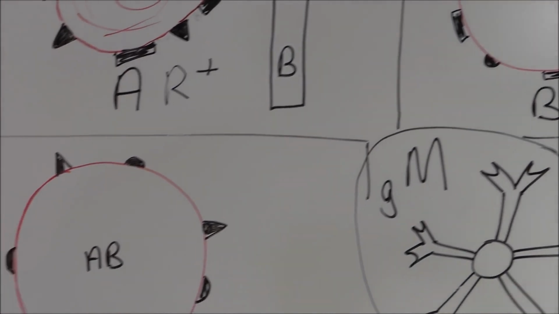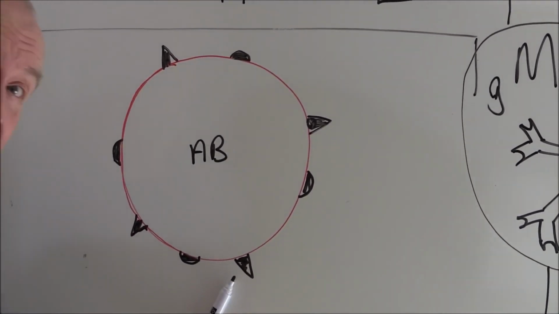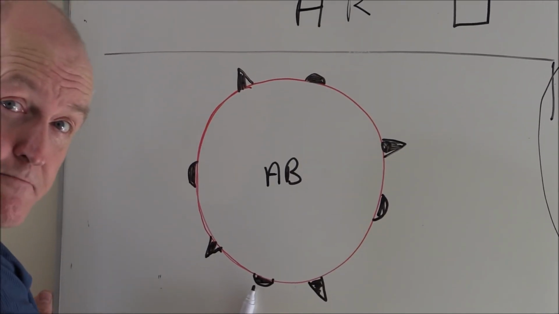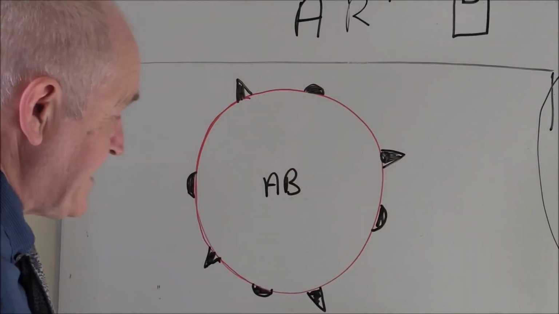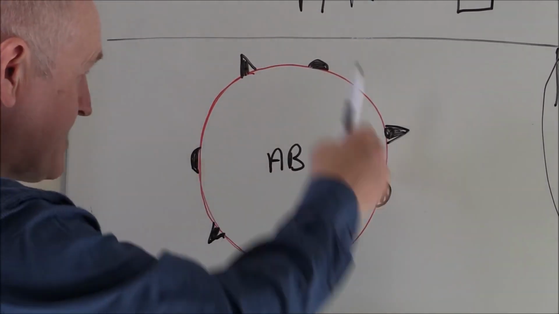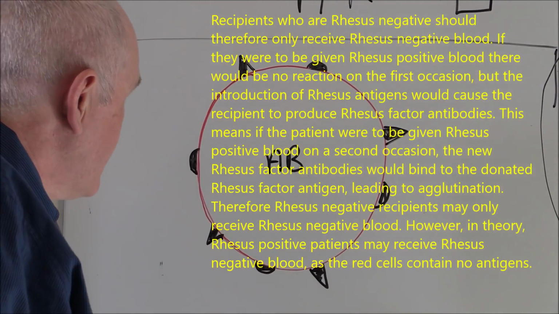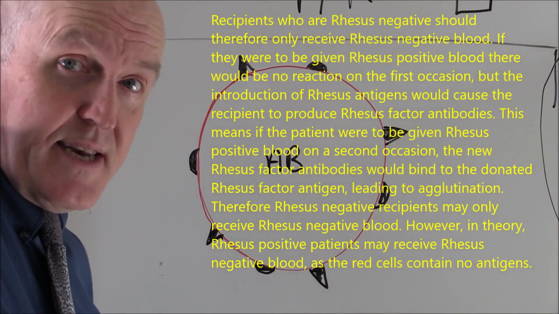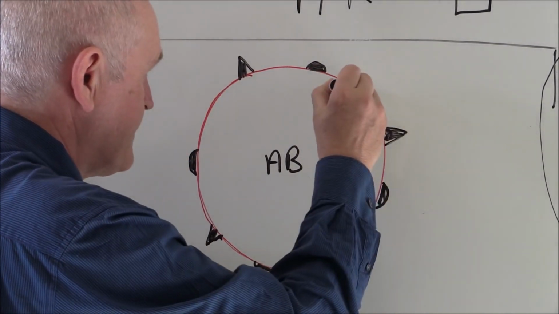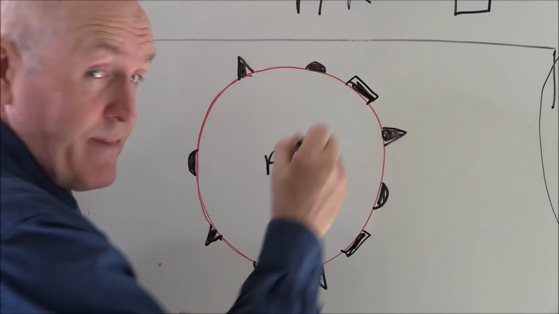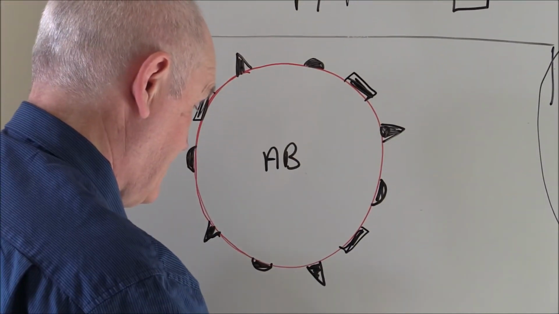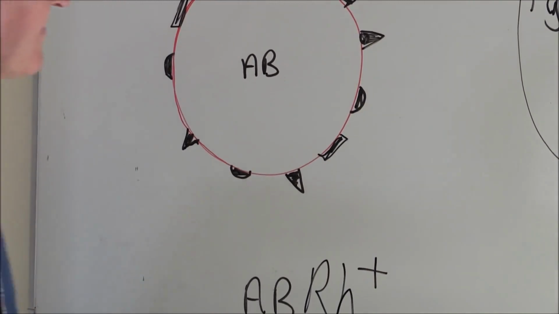Looking at the AB, we see there are A antigens on the surface and B antigens on the surface. But we notice there are no Rhesus factor antigens at the moment. This person at the moment is Rhesus negative. They are AB negative. But if we add them, they will become Rhesus positive. So we've now diagrammatically turned these people into Rhesus positive as well.